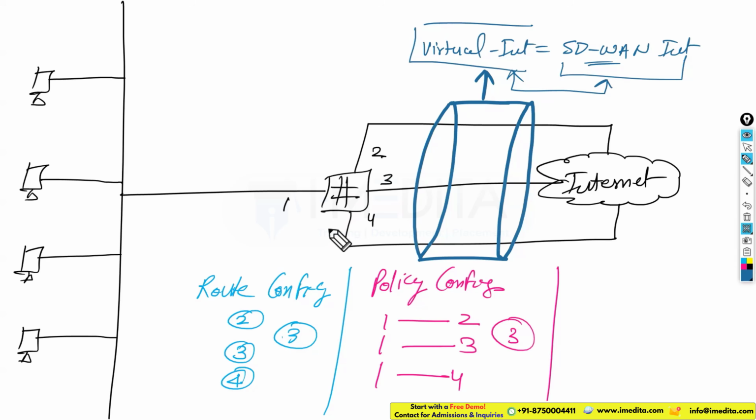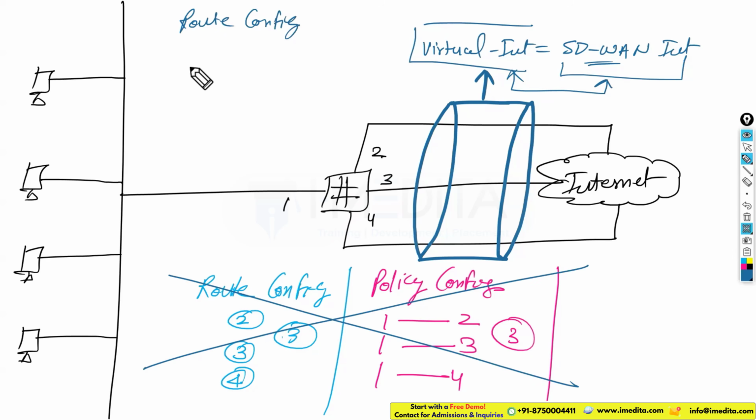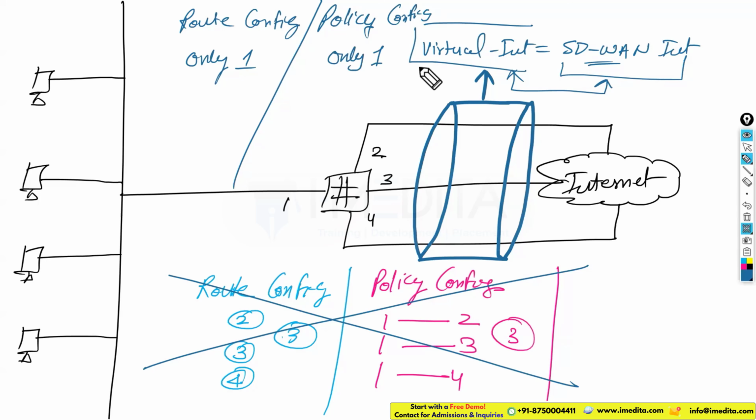Now, what will be the advantage? With SD-WAN, route config is only one. Policy config is only one. So for the route config: any IP, any mask, send it to SD-WAN. Then SD-WAN will distribute the traffic to member interfaces.